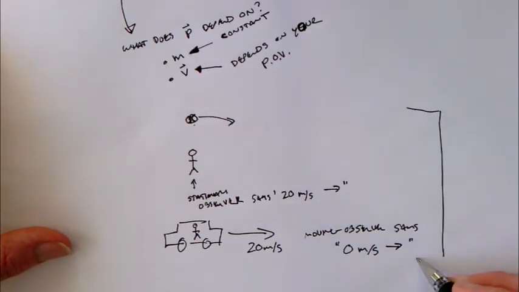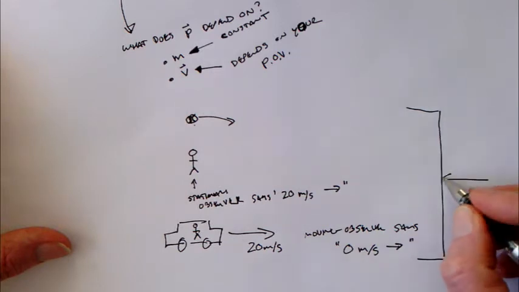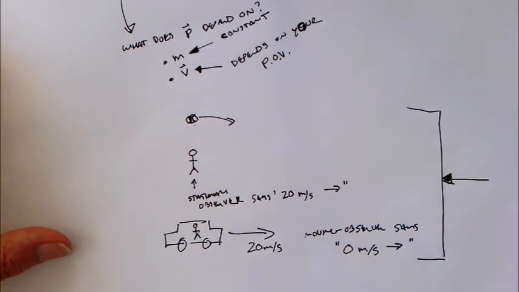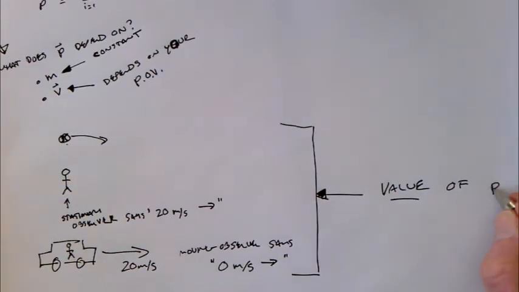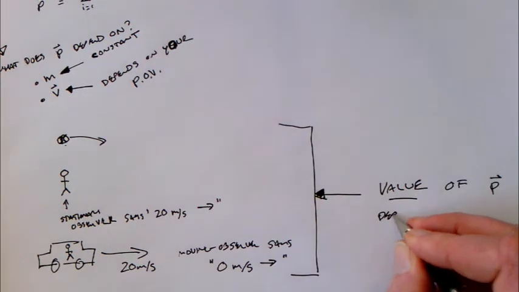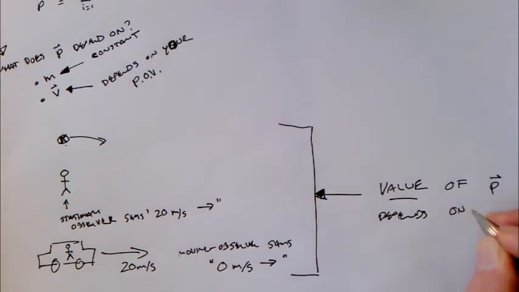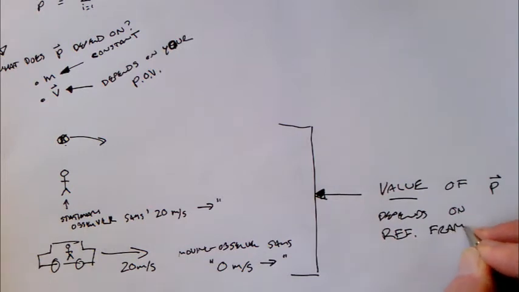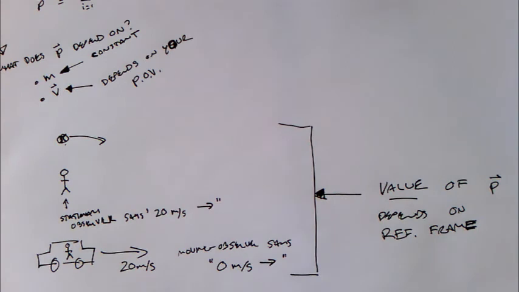So it's one important idea here, which is that the actual value of the momentum depends on your reference frame. People in different reference frames will disagree about what the momentum is.